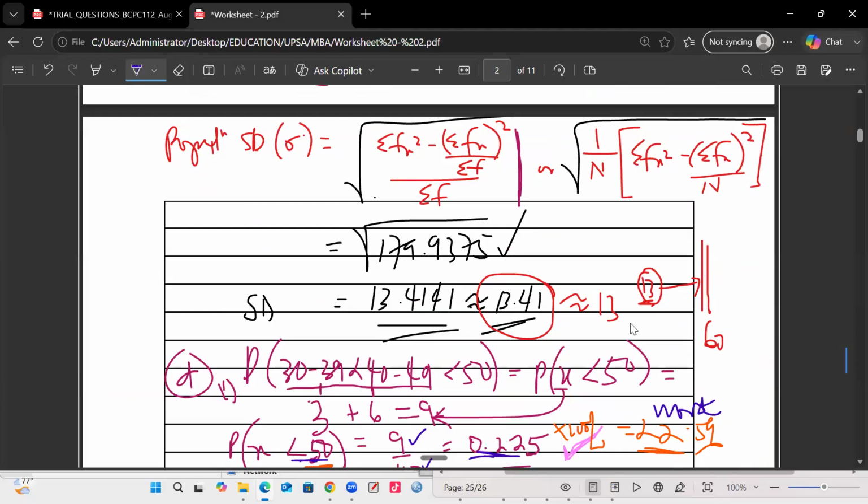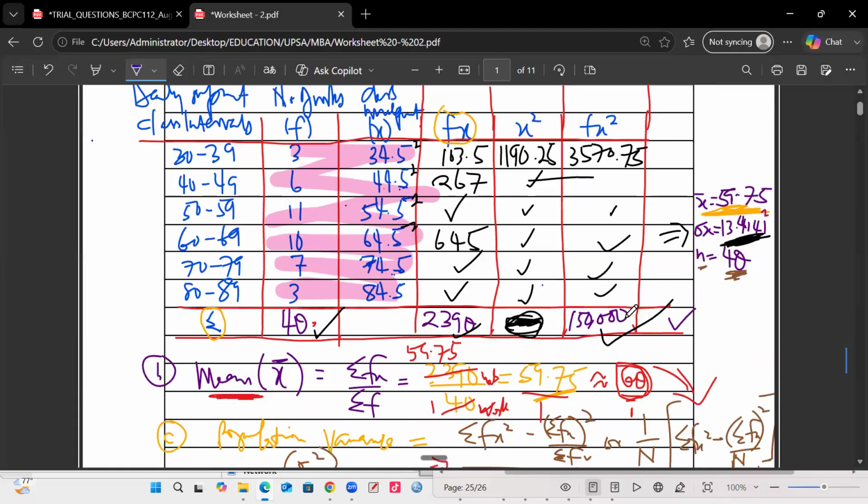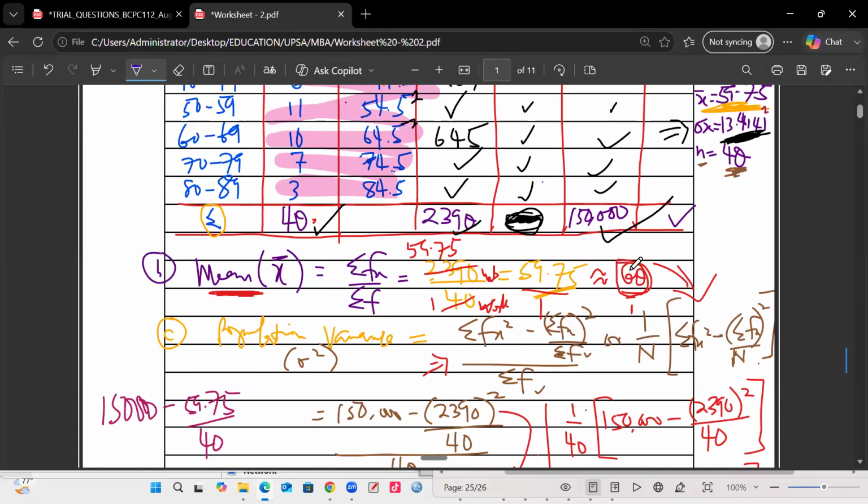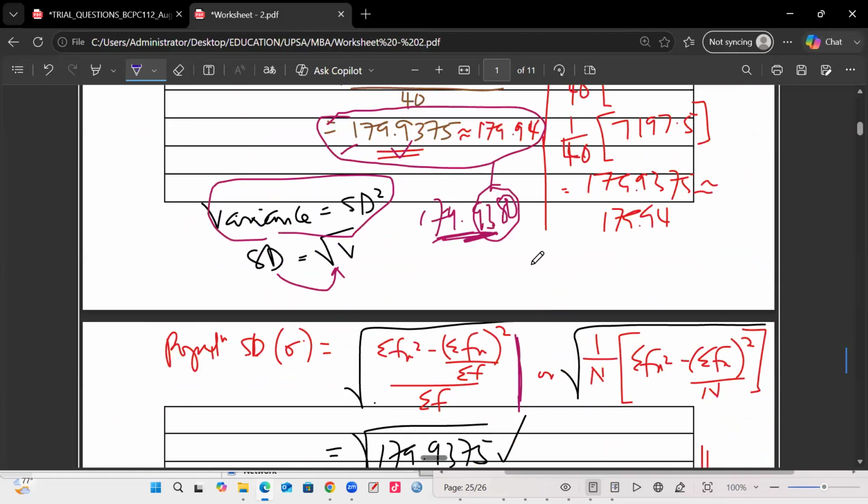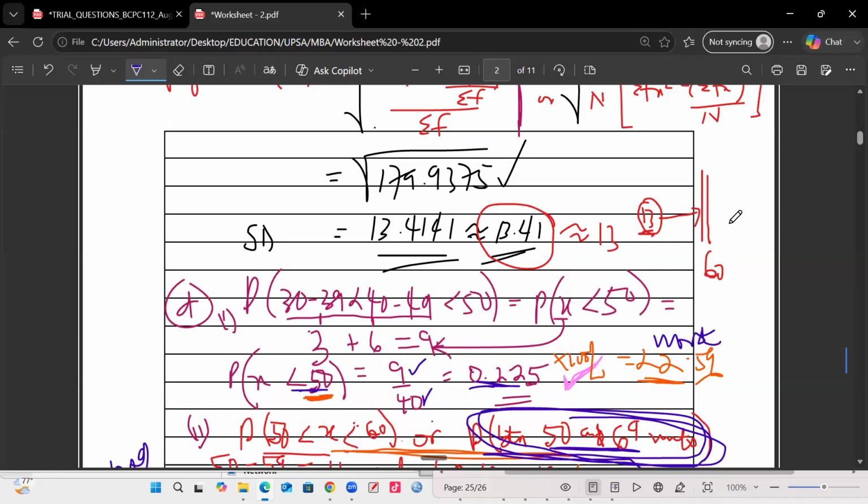Are you getting it? Each worker produced approximately 60 units on the average, with a deviation of 13 units away from the mean.